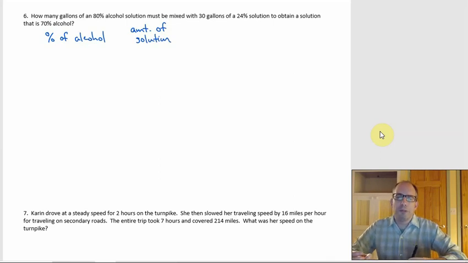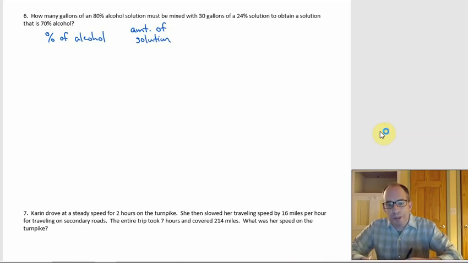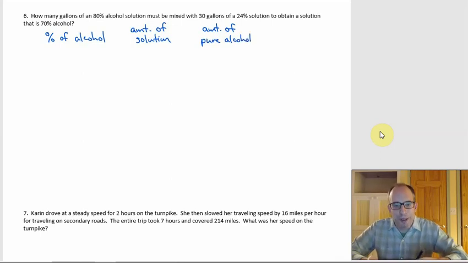Like, well, if we multiplied them together, we could get the amount of pure alcohol. So that actually might be helpful and actually will be helpful. So let's see, amount of pure alcohol. And then these two amount ones are going to be in gallons, but I'm going to leave the units off for now. So the percentage of alcohol, just going through that first sentence.